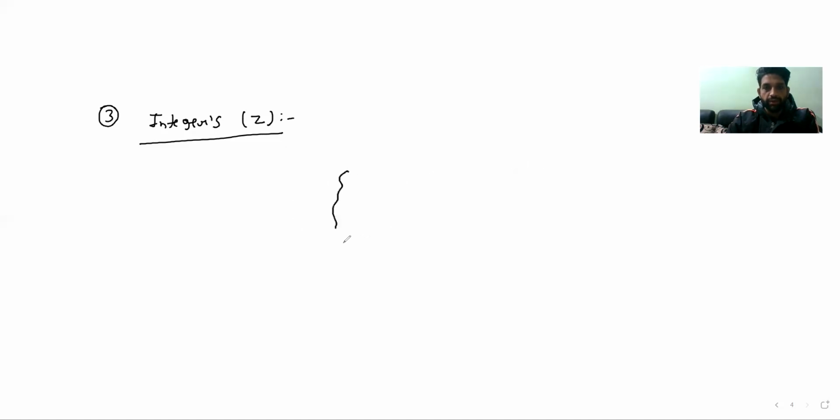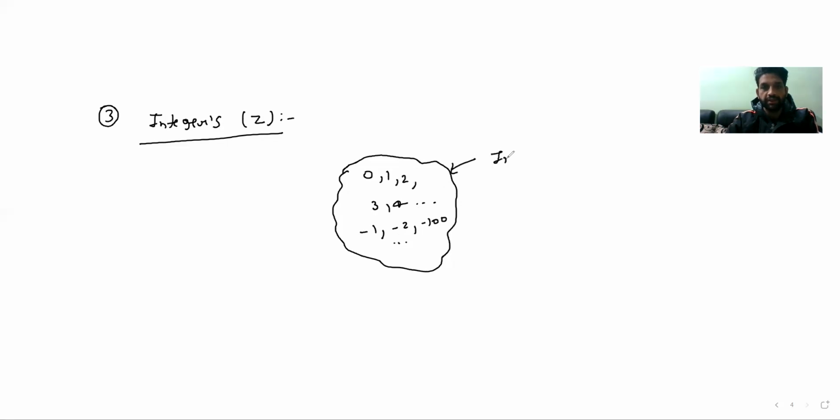Suppose this is the bag, and in this bag there are 0, 1, 2, 3, 4, and all the negative numbers like -1, -2, -100. So this collection of numbers is called the integers.